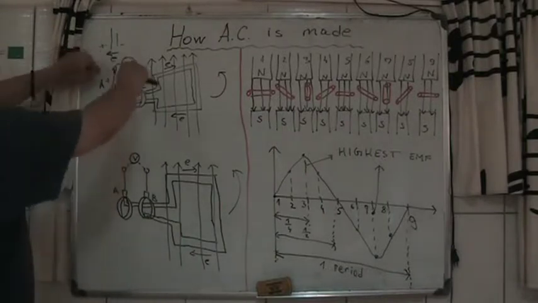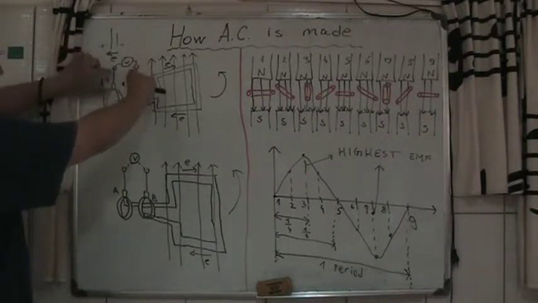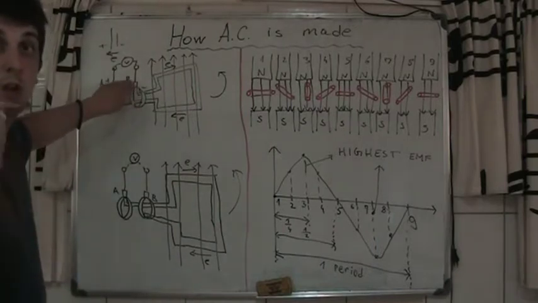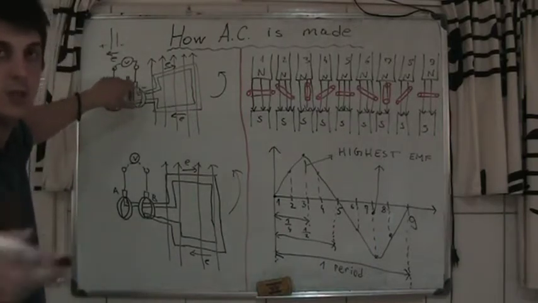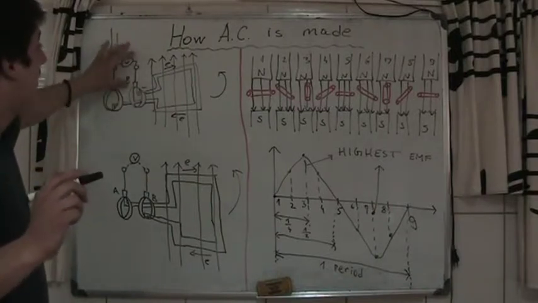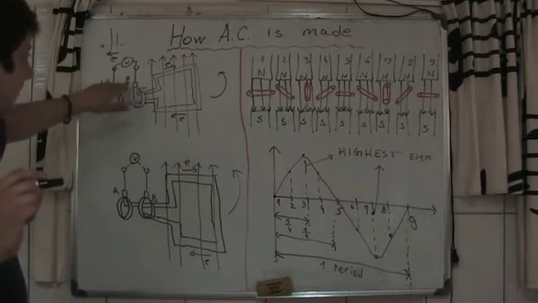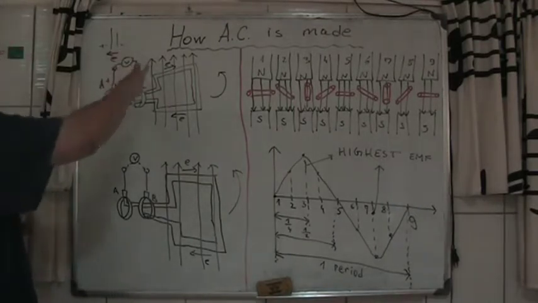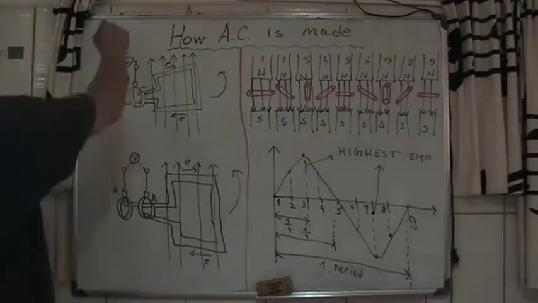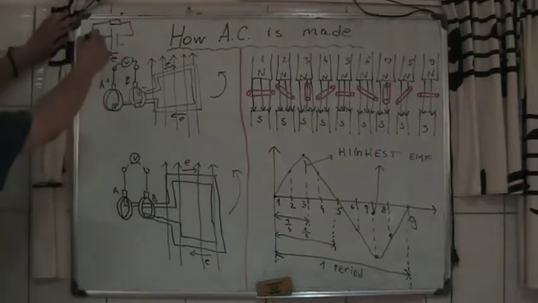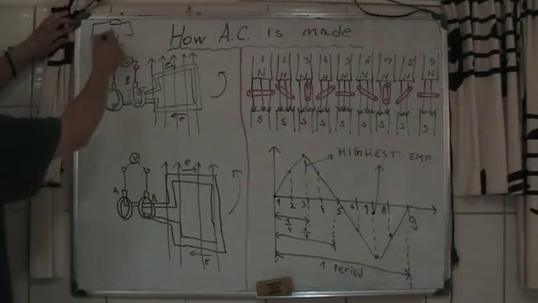If you attach a voltmeter here, it is going to show you that there is an induced EMF. Here we connect the voltmeter in parallel on these brushes. But if you remove this voltmeter and put a resistor here, then you will have a current going from plus to minus, from A to B.